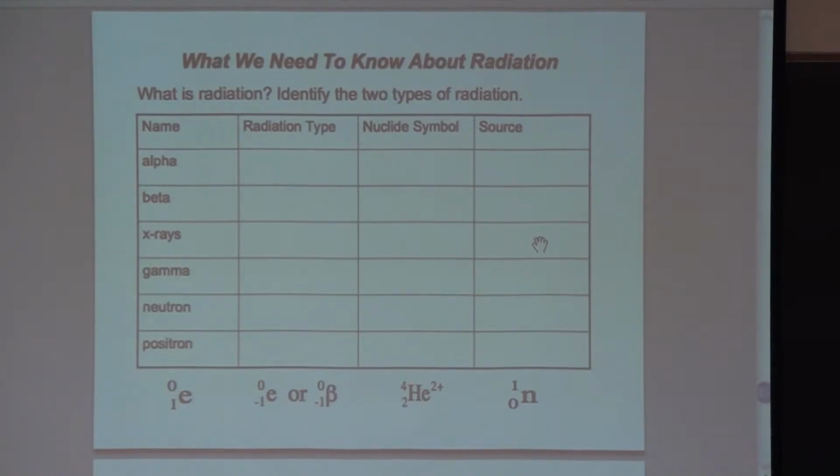For example, you get X-rays at the dentist's office, or your doctor takes an X-ray. What are the sources of X-rays? You ask your doctor that next time you get an X-ray and see if the doctor knows. It could be, for example, iron or molybdenum. There's an isotope of iron that will produce X-rays.